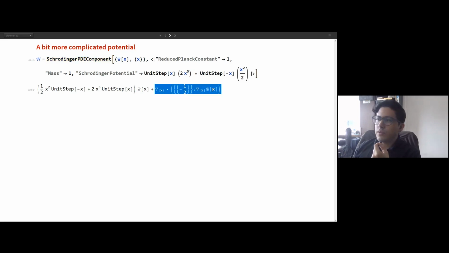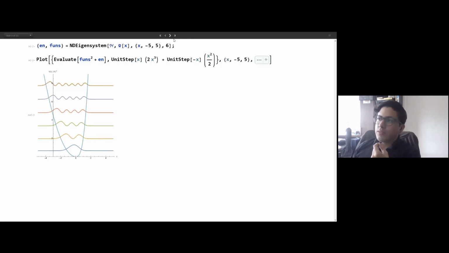So you will have this PDE operator. In that case, it's not so simple to solve this type of problem analytically. But in a matter of seconds, you can use the same function, NDEigensystem, and you can plot them right away.